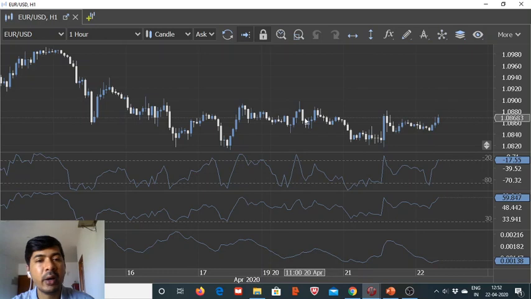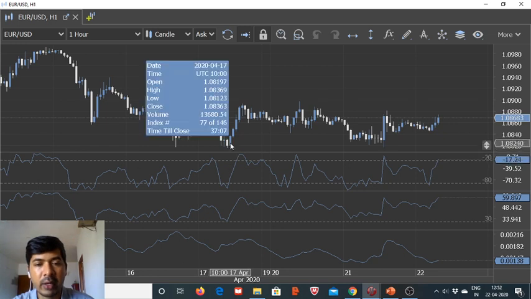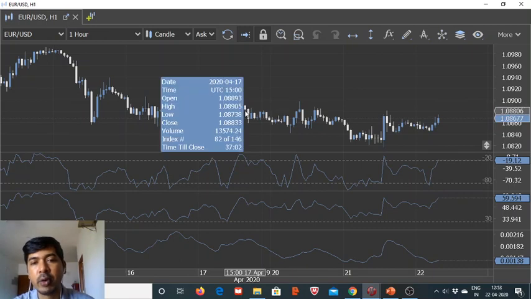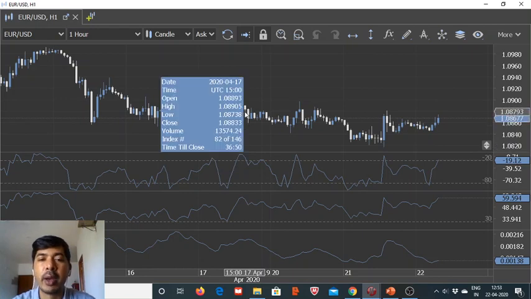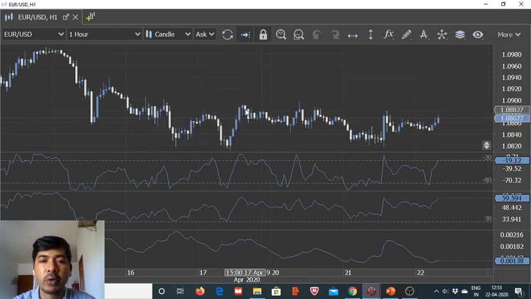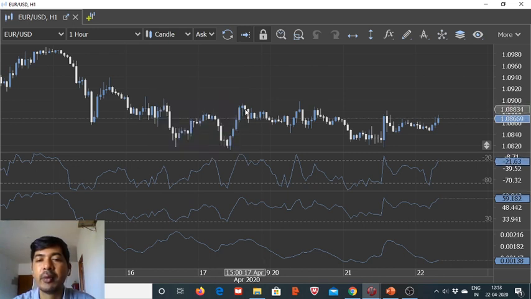So even we can look at further instances. Suppose we are looking at this one, provided the rest of the conditions are fulfilled, or let's see at this point in time, and here we can assume that other conditions are fulfilled, so we are not exactly sure if the trade is going to happen or not. Now the closing level is below the prior candle's opening level, and we can consider that a sell trade is going to happen.